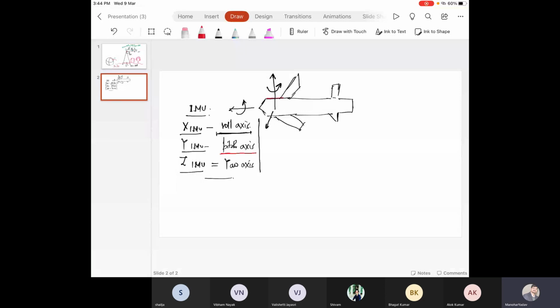See, up and down motion is performed about an axis, so that axis will be towards the right wing. Left and right can be performed about the axis that is crossing the aircraft and going towards downward. About that axis only the left-right motion can be performed.